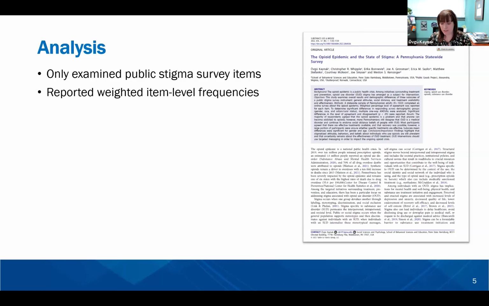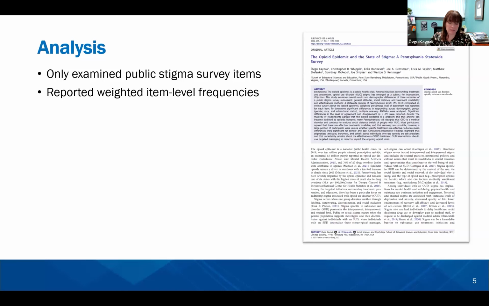For this analysis in particular, we used a quota-based invitation system to produce a final data set. It's representative of Pennsylvania's population by region, and also separately by age and sex combined categories. And again, for this baseline survey, our sample consisted of 1,033 Pennsylvania adults.